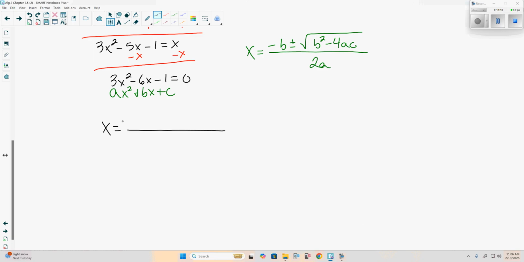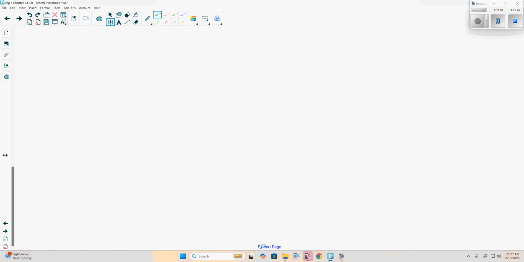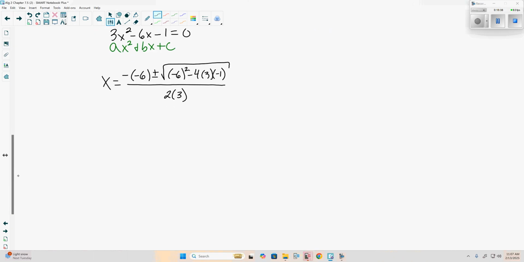So we have negative negative 6 plus or minus the square root of negative 6 squared minus 4 times 3 times negative 1, all over 2 times 3. I'm going to get my calculator. Now, luckily for us, once we get it in this form, the rest of this is not so much calculating as much as it is simplifying.